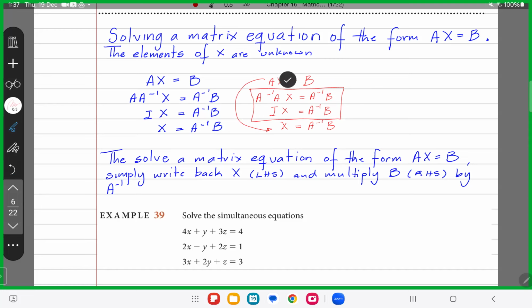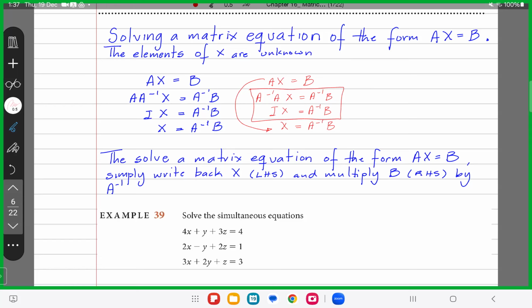Which is to say, to solve a matrix equation of the form AX is equal to B, we simply write back X on the left-hand side and multiply B on the right-hand side by A inverse.